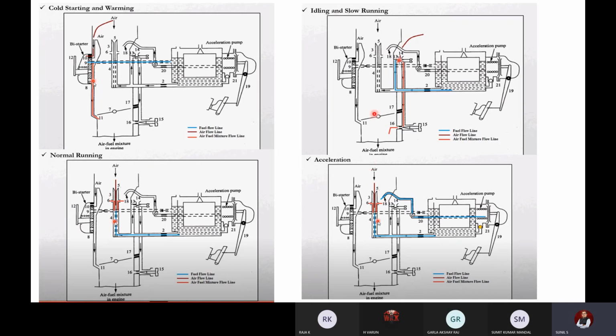So first we will start with the cold starting condition. Here the first attachment, the bi-starter, is the important component, which works under the cold running conditions.